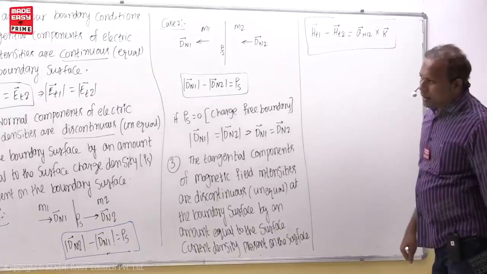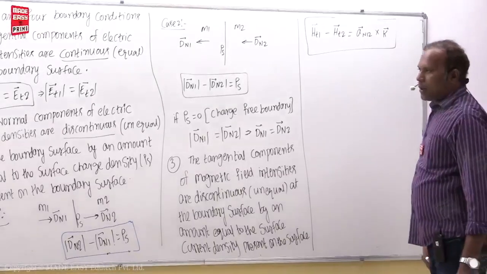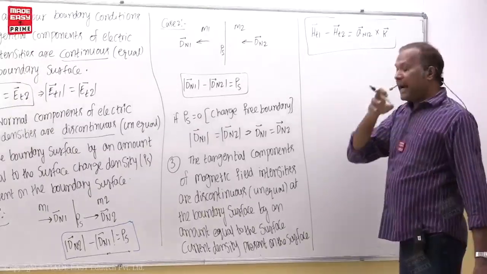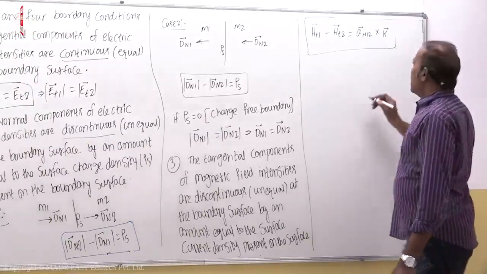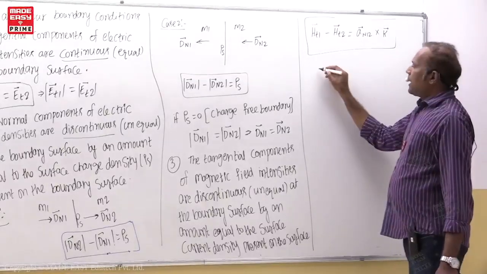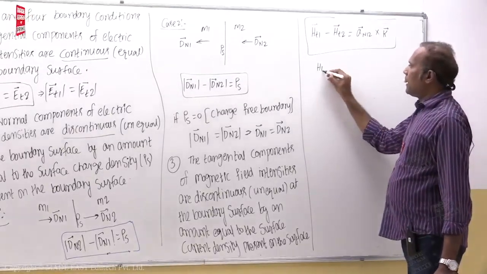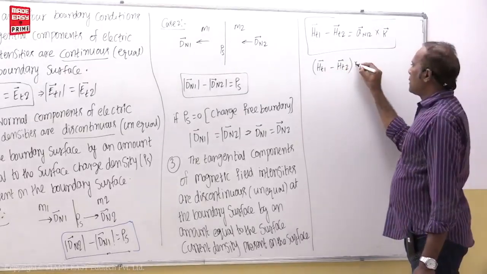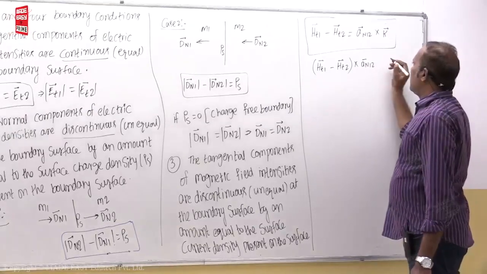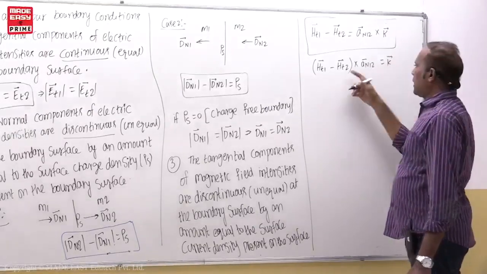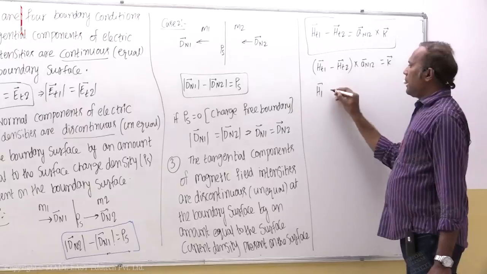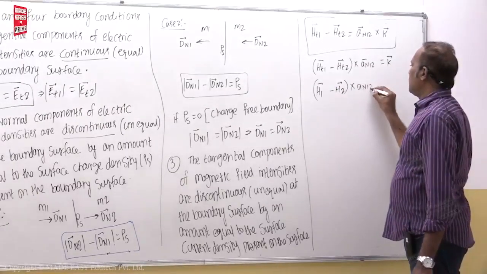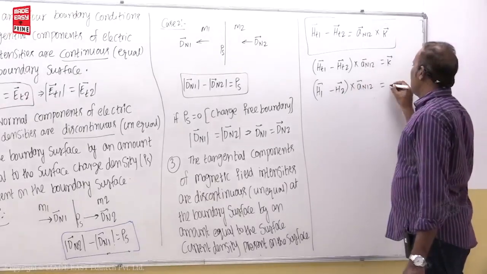Now here an12 bar I wrote at the beginning. You have to remember that it is the normal unit vector to the boundary surface from medium 1 to medium 2. So that is nothing but grad f by modulus of grad f. In some books they write like this also, then that is also correct: Ht1 bar minus Ht2 bar, cross an12 bar, is equal to K bar. You can write like this also: H1 bar minus H2 bar, cross an12, is equal to K bar.